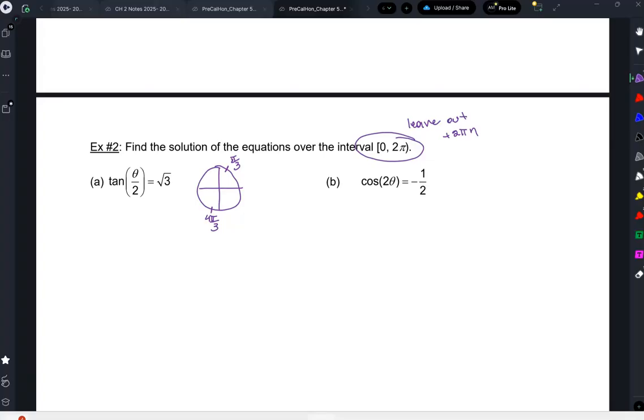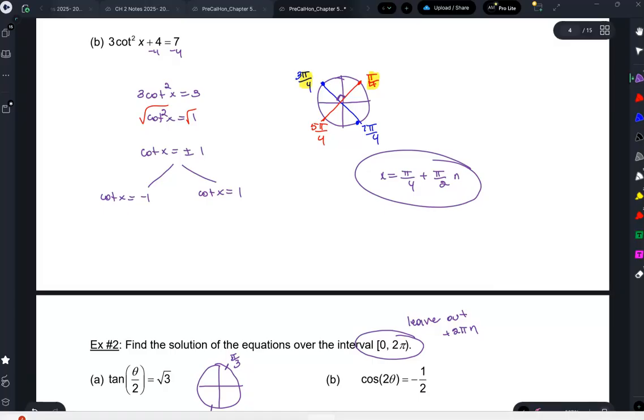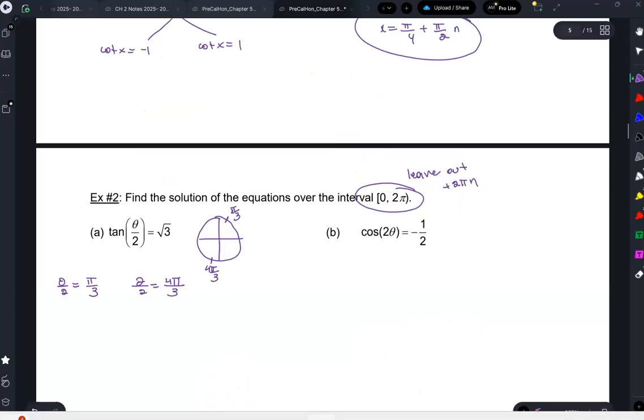So now we say tangent is equal to root 3 when the angle is equal to pi over 3. In this case, what's the angle? Theta over 2 is pi over 3, and then theta over 2 is 4 pi over 3. Just like here, we said x is equal to 1.